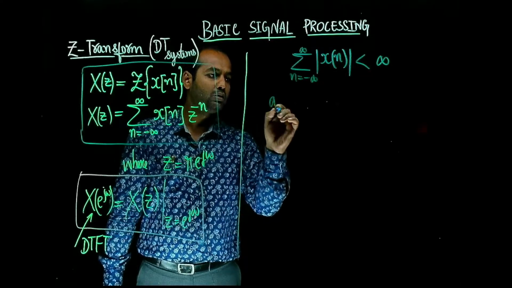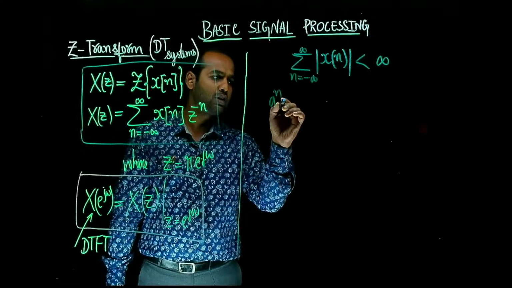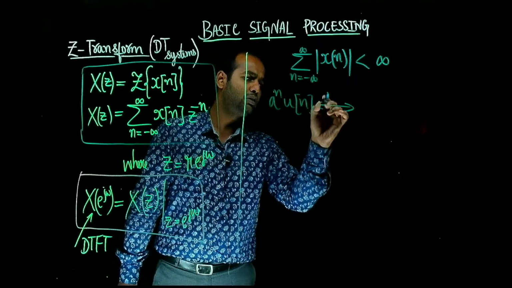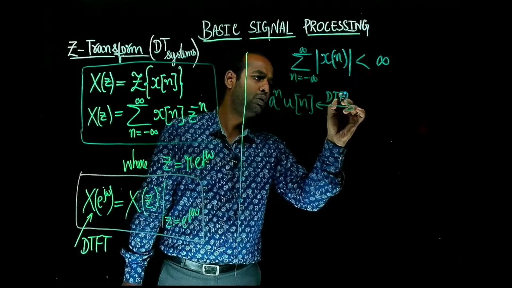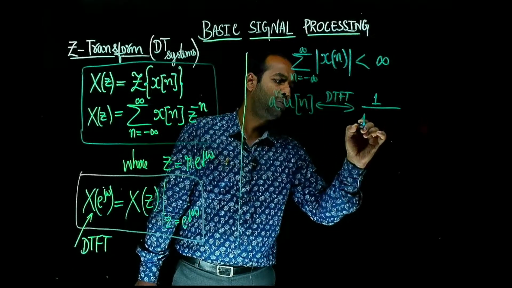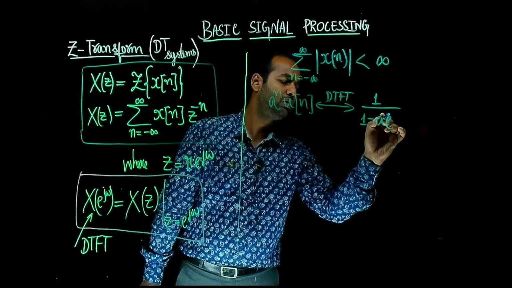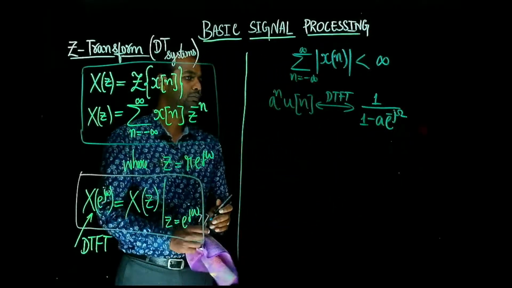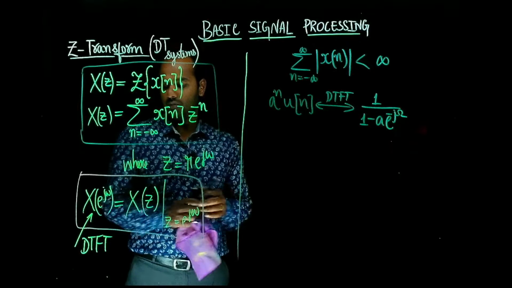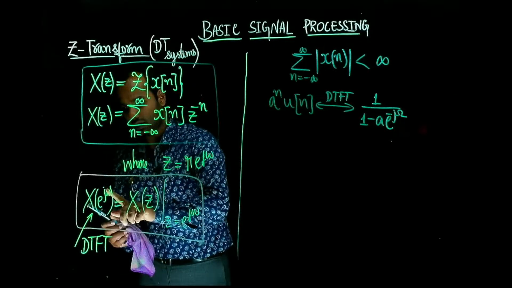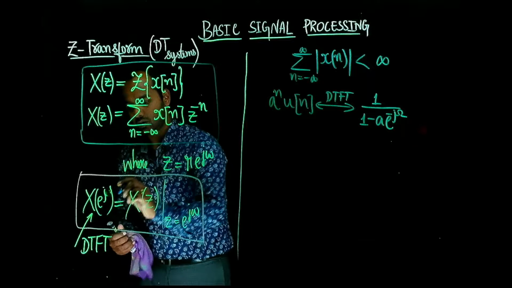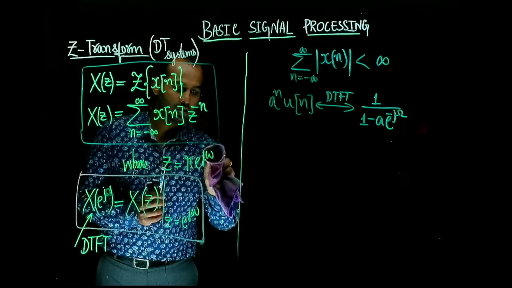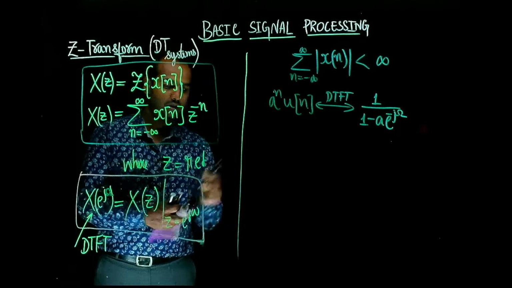If you see the standard DTFT for standard signals such as a power n u of n, DTFT is 1 by 1 minus a into e power minus j omega. And here this angular frequency is represented with uppercase omega.